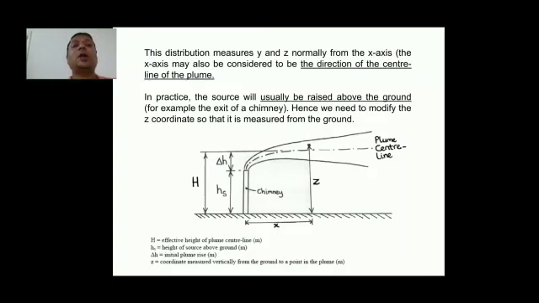Hence, we need to modify the z coordinate so that it is measured from the ground. So we are seeing in the picture the height of the chimney is small hs, and the capital H is the effective height of the plume.